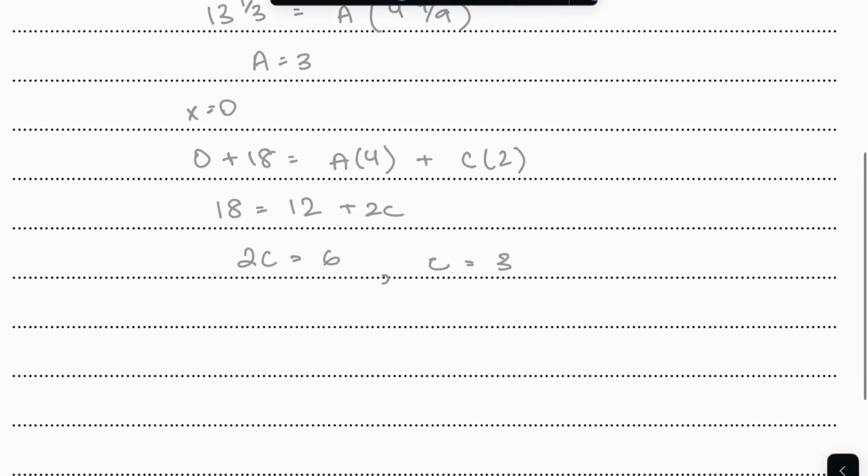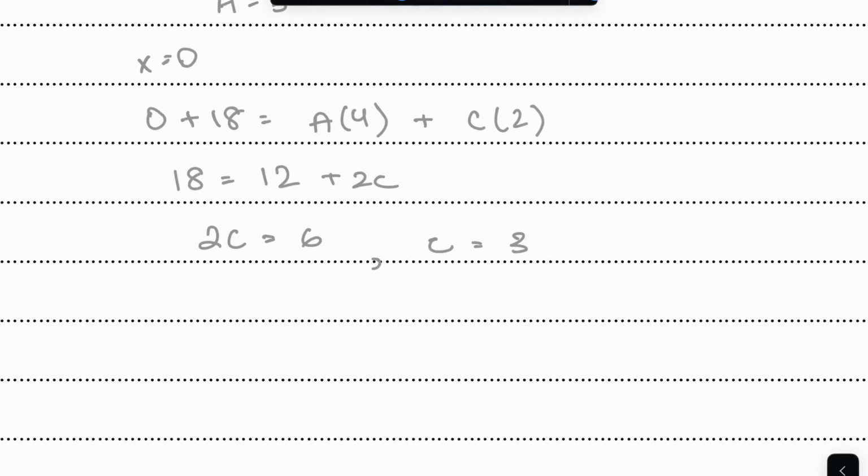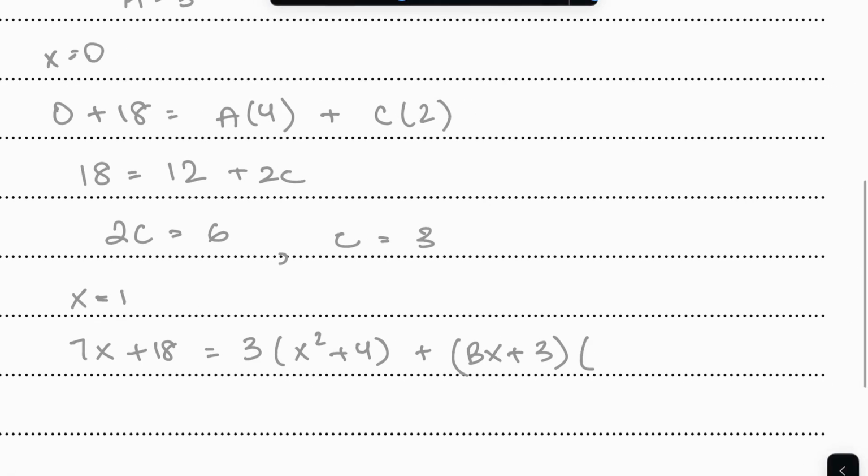Now that we have found this, we need to find what the value for b is. For that, we're going to take another simple number. So we will take x as 1 now, and so we have 7x plus 18 is equal to 3, because we already found the value of a, times x squared plus 4, plus bx plus 3 times 3x plus 2.